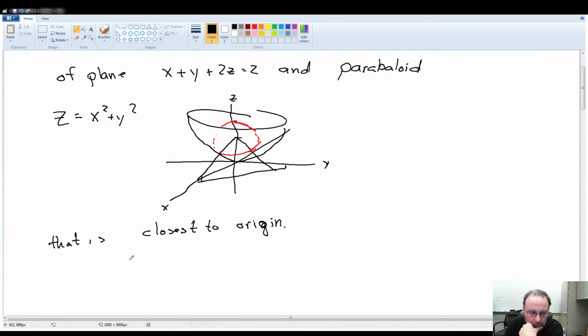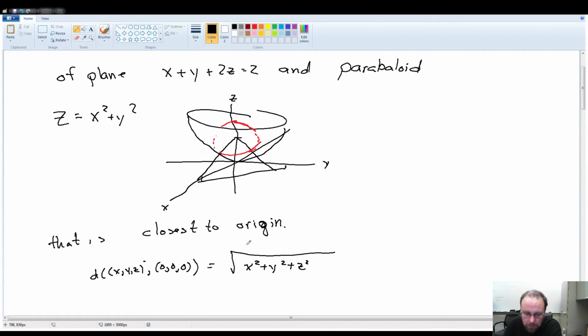Okay, so what's the function that I want to optimize? Since we're looking for a point closest to the origin, we can optimize the distance function. The distance between an arbitrary point in space and the origin, 0, 0, 0, we all know is the square root of x squared plus y squared plus z squared.